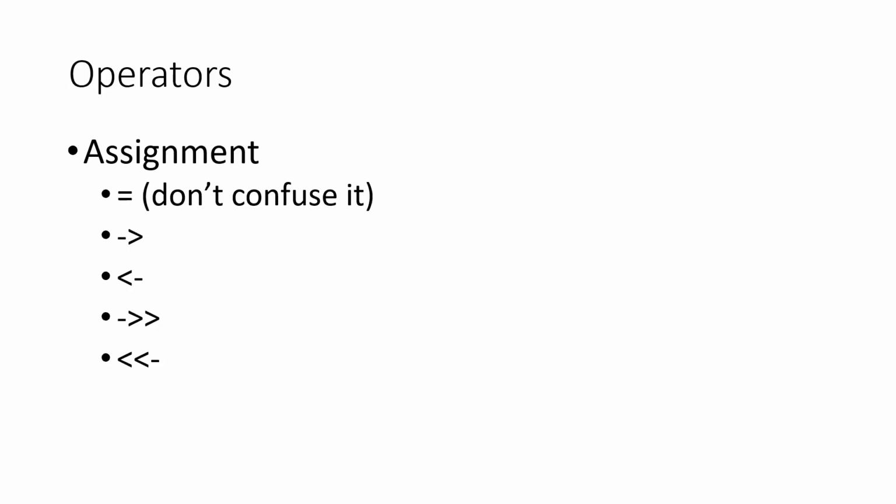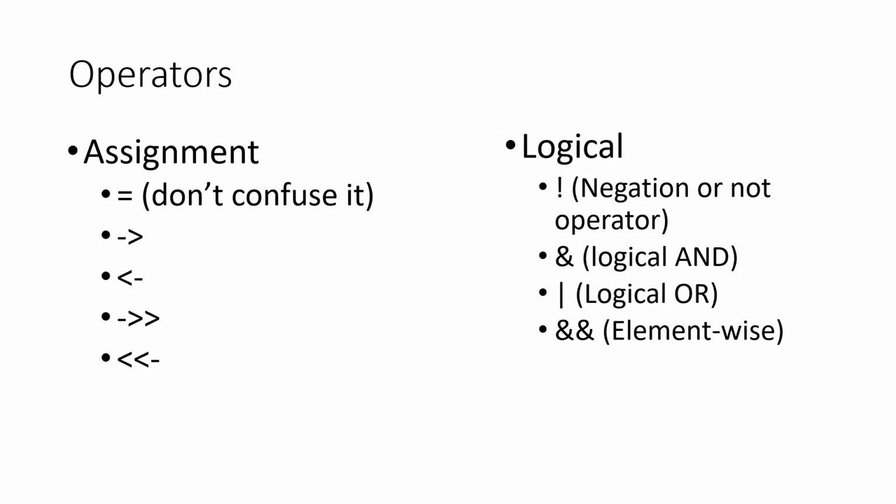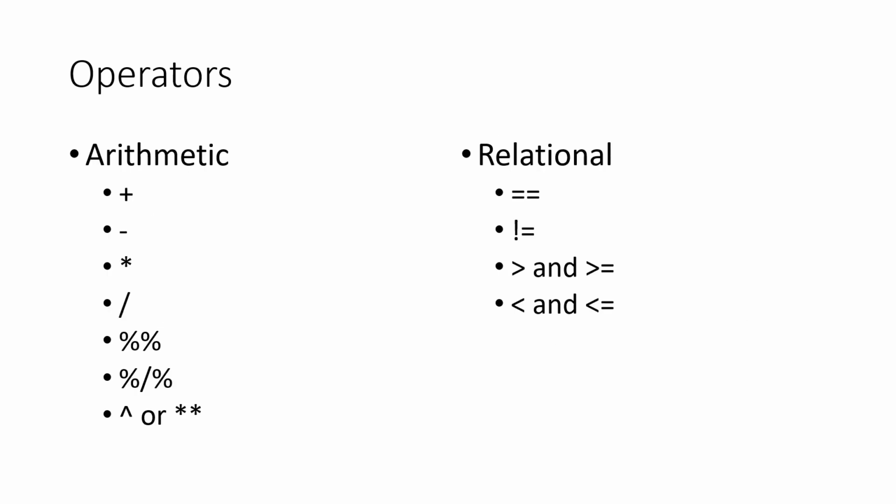So anything not zero, that is how it works. Then there is the and, which is logical and. So this and this. Once again, we'll take our time and walk through all of them. Then there is the or, either this or that. Then there are the element-wise and the element-wise or operators. We'll delve into all of them very soon.